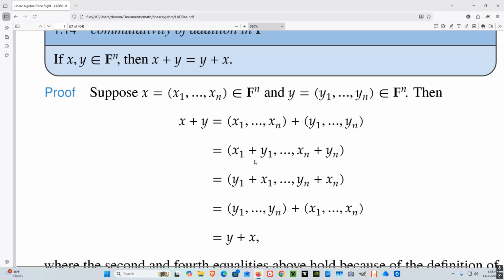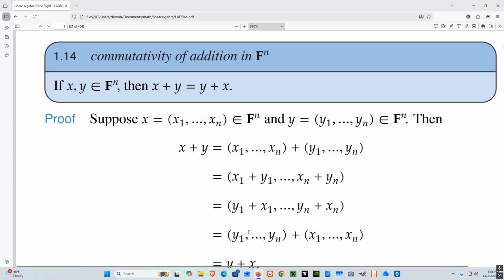Because x and y are in a field, they're commutative, so they can be written as y plus x in coordinates, and then they can break it up from the rule of the way you add them, and that gives you y plus x.